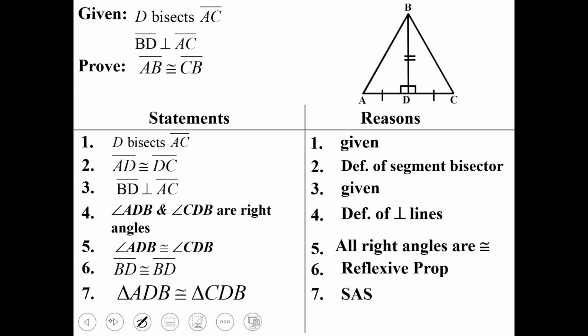I'll carry y'all to the end. What's our last and final statement? Good. And we were able to prove that side AB is congruent to CB via CPCTC. Okay? Y'all questions? Y'all got the last one? All right.